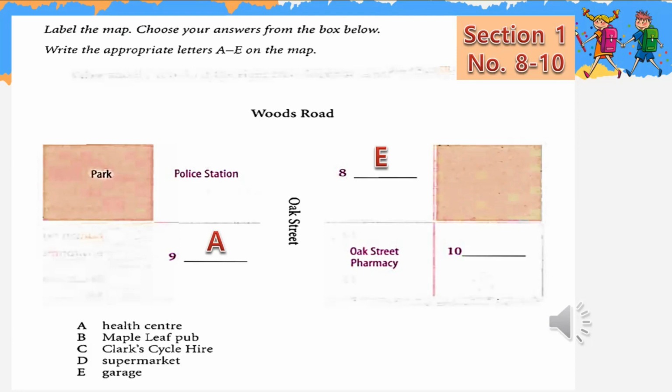So when Kate says we are just behind that, it means behind the pharmacy. So in this context, we means Clark's cycle hire, which is behind the pharmacy. So the correct answer is C.